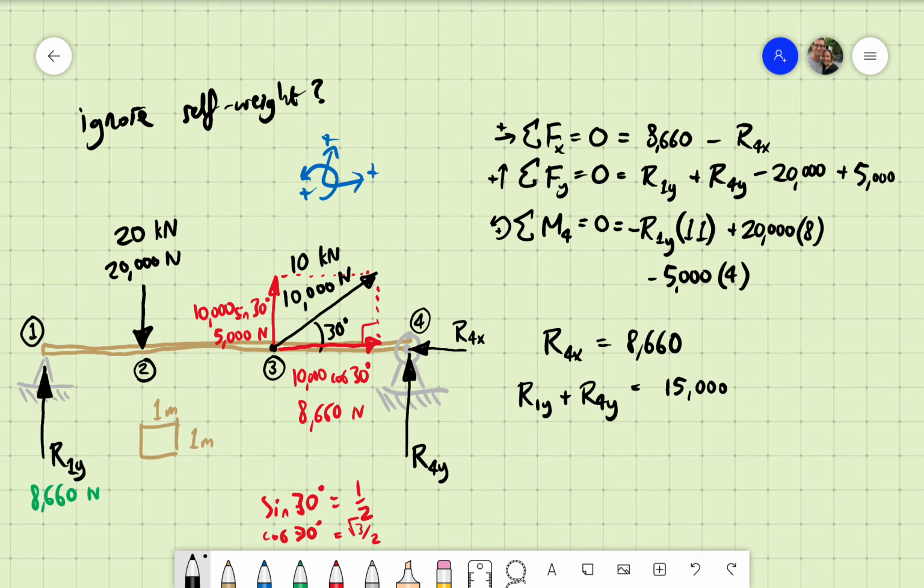Let's see, I will add 11 times R1y to both sides. And then I will combine the 20,000 times the 8. What is that, 160,000?